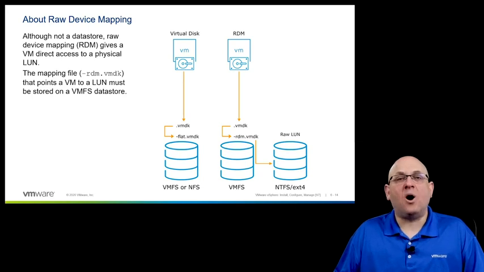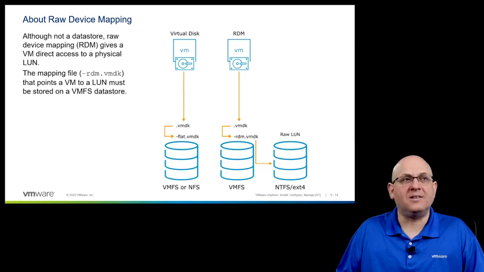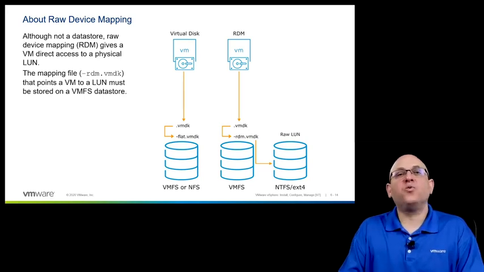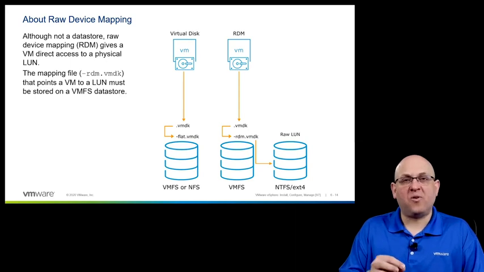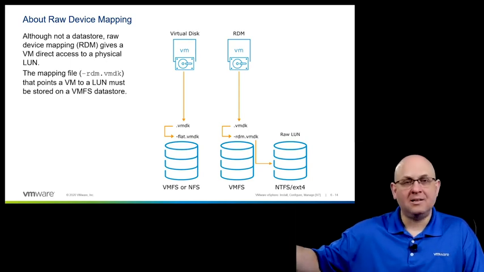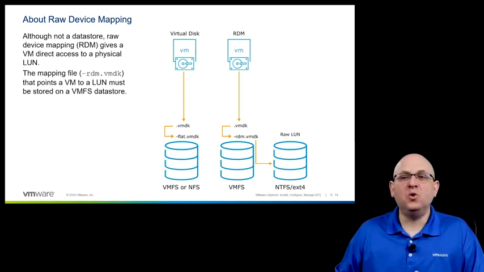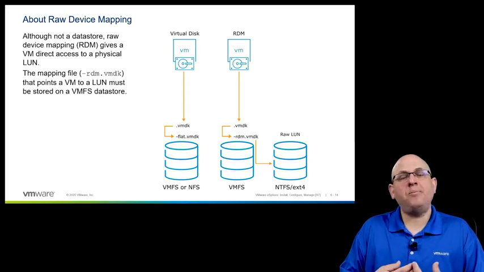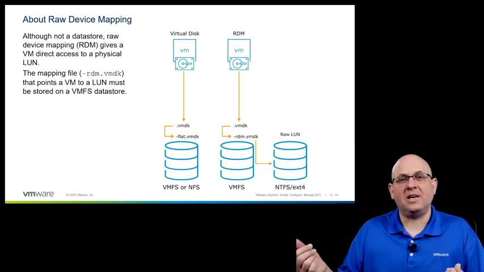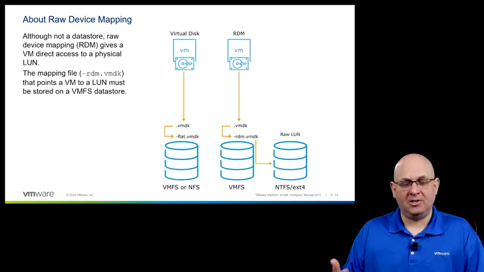Virtual machines can also access LUNs directly through something that we call a raw device map. This redirects the I/O from a virtual disk straight to the LUN that the ESXi host has access to. Now, there are a few reasons we might want to do this, but as the capabilities of VMFS over the years have increased, those reasons have diminished.